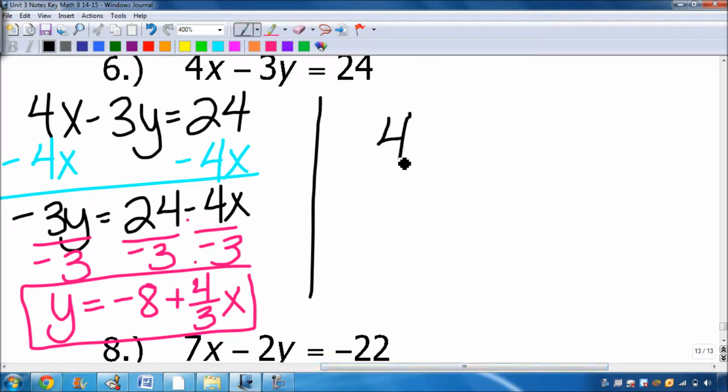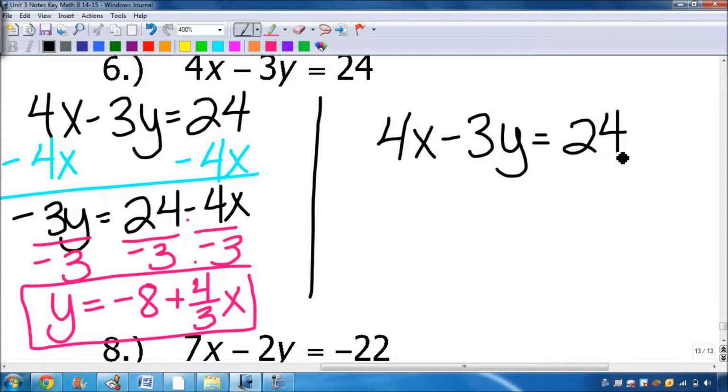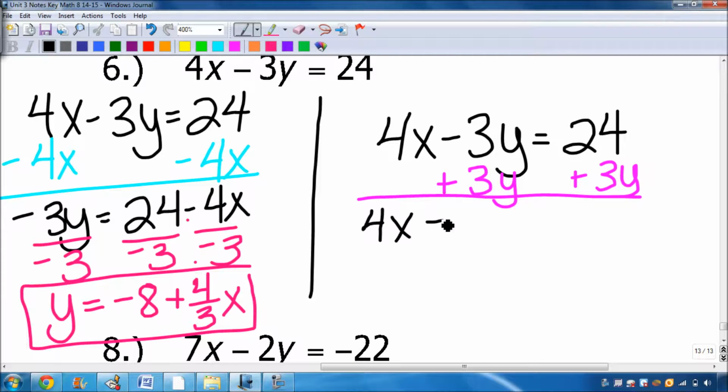So I get 4x minus 3y equals 24. I'm going to force the 3y to be positive, so I'm going to add 3y to both sides. So I end up getting 4x equals 3y plus 24, or 24 plus 3y. Now I'm going to subtract the 24 from both sides.